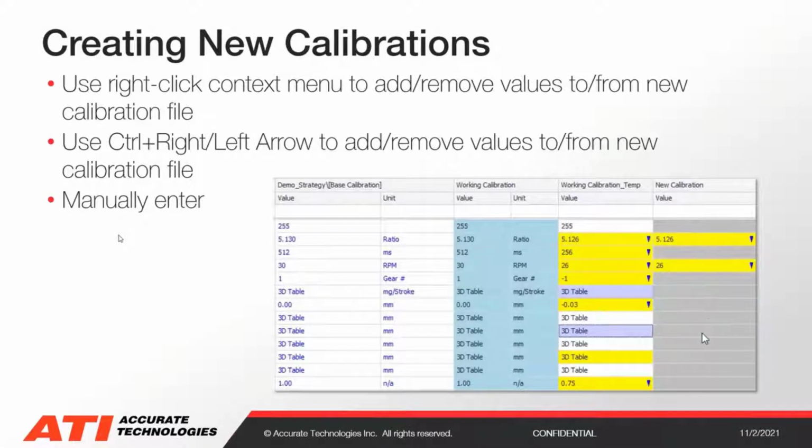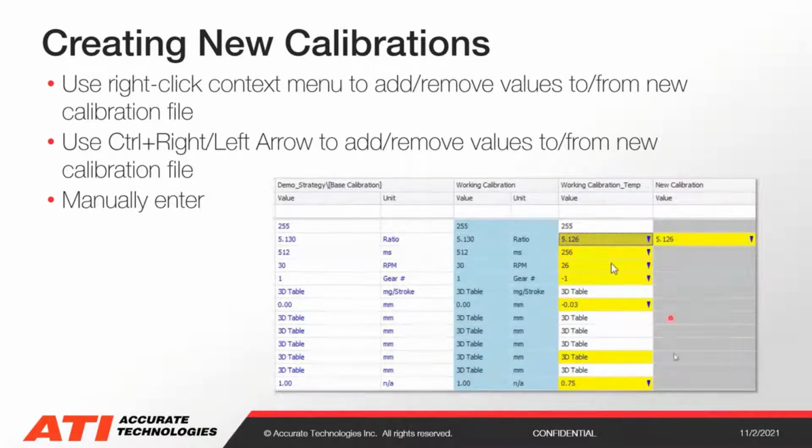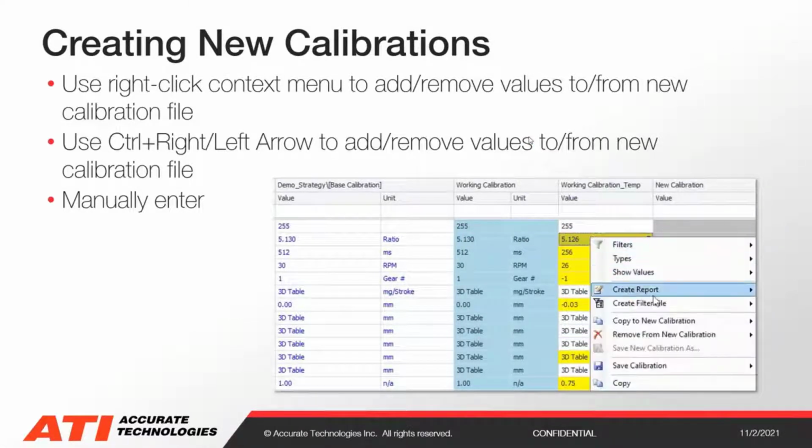So, creating a new calibration. Whenever you launch the Calibration Manager, you'll always have a column called New Calibration. That'll always be to the right of whatever cals you might already have. Same screenshot as from before. In order to create a new calibration, you have to populate the cells in that column.